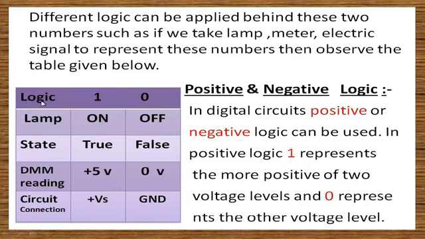See, this is the first row. Here logic 1 and 0 are written, but if we test with the help of a lamp, the output is either high or low, 1 or 0. If the lamp is switched on, then logic is 1. If the lamp is switched off, then logic is 0.